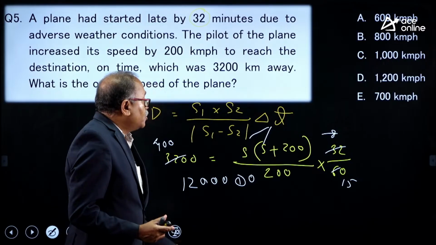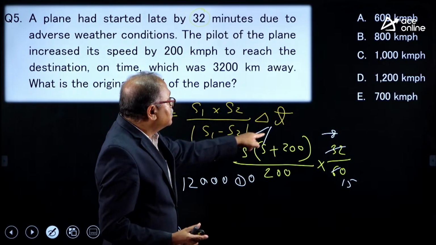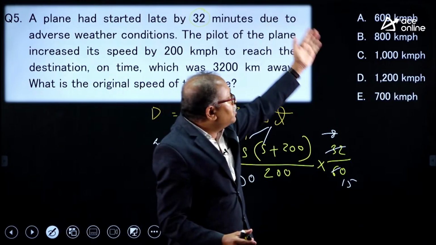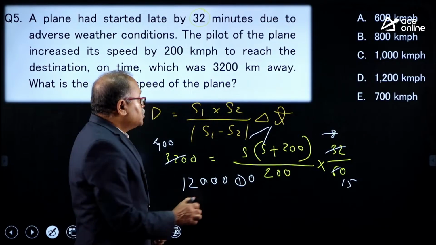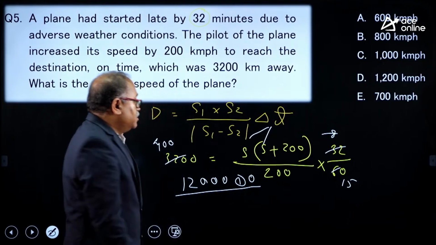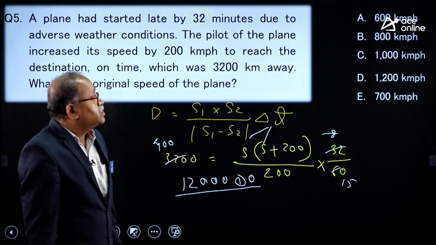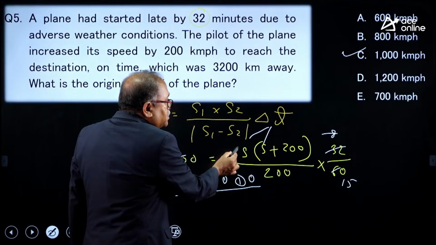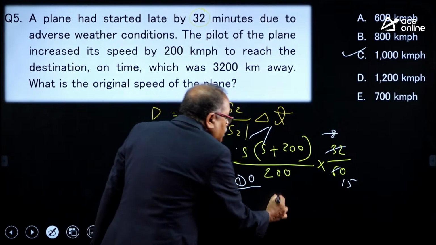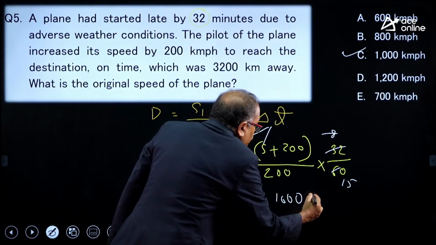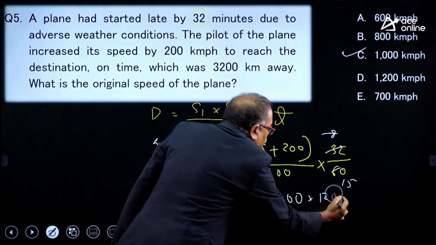See that, now take that S, I need to find out the original speed, that is S. Now, go with the option choices. So, which option, S into S plus 200, will give us this value? I notice that this is option C. If I consider S as 1000 and the other one as 1200, what are you getting?